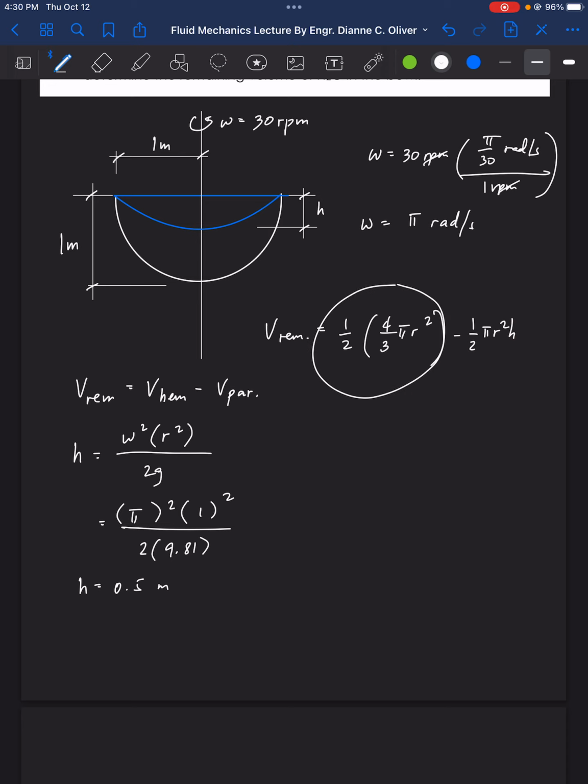This is the volume of the half sphere, and this is the volume of the paraboloid.